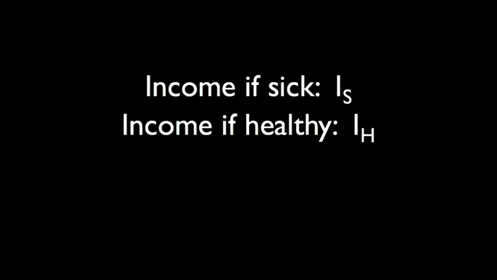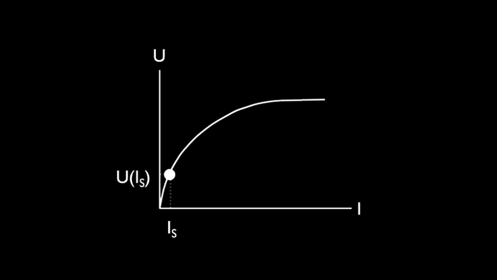Recall, one of two things is going to happen to a person. Either they're going to get sick or they're going to stay healthy. If they get sick, they'll have an income of IS. And so what we could do is we could take this IS, we could plot it on our utility function and figure out how much utility a person would have if they got that sick income IS.